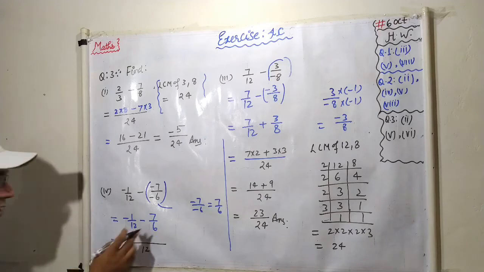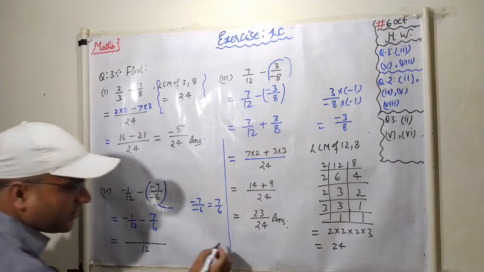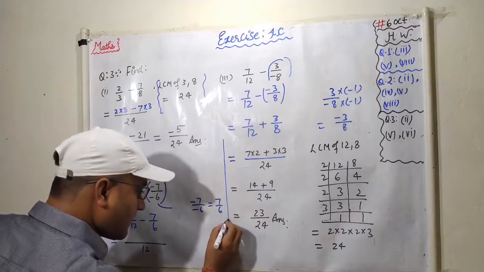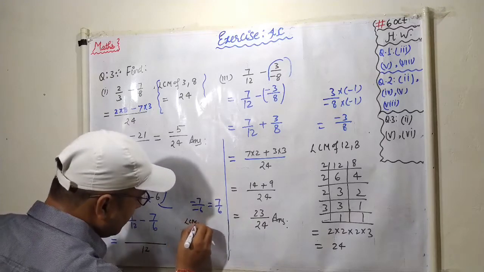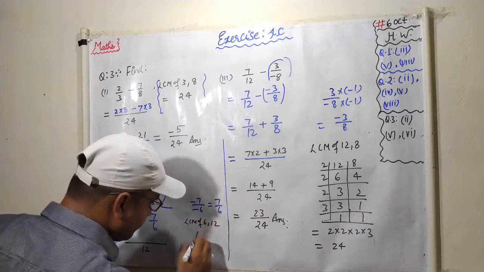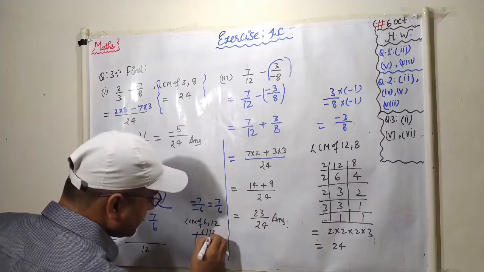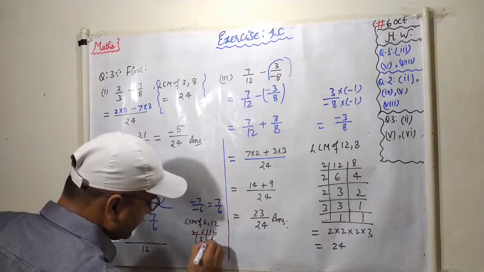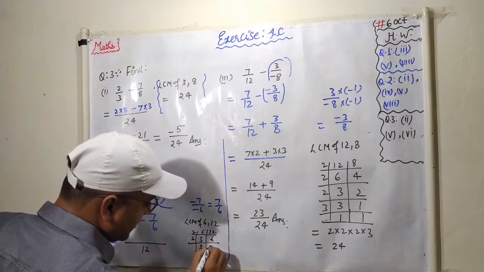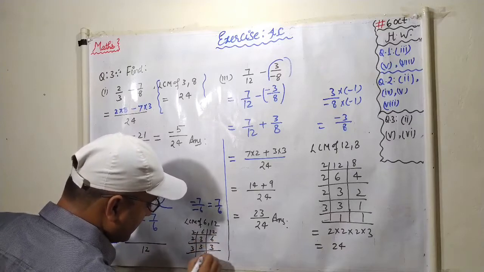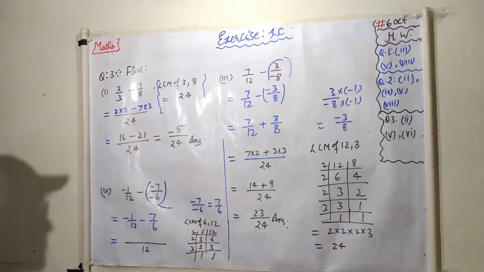If you want, you can check the LCM of 12 and 6. LCM of 6 and 12: with 2, 3, 6; with 2, 3, 3; then 3, 1, 3 to the 6, 6 to the 12. So your LCM is 12 in this case.